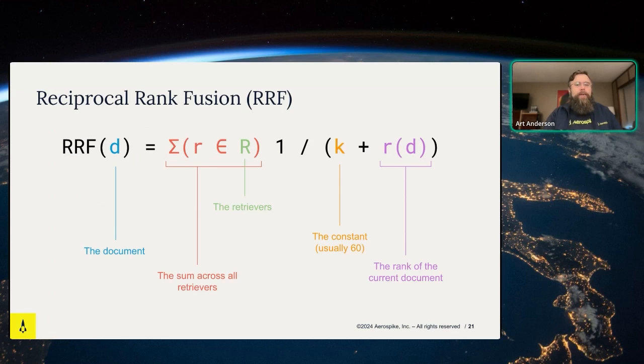Reciprocal rank fusion is a fairly simple implementation where we look at every document across all of our different retrievers, look at the ranks within those, and build an overall ranking that we can then use to combine these results together.